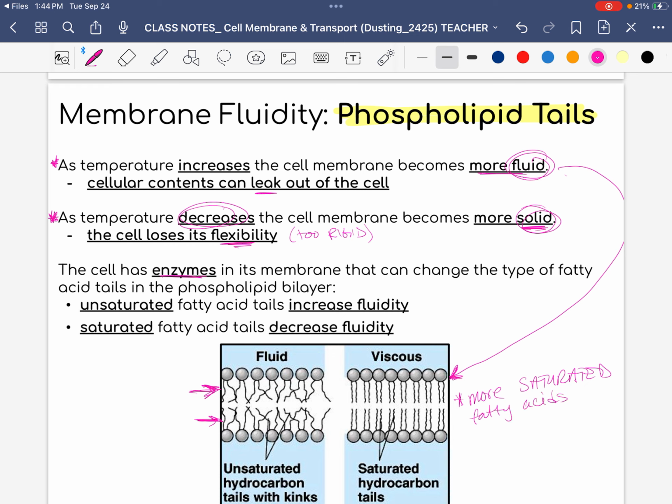And this is going to allow them to pack more tightly together. You can see that they're able to squeeze together tighter here, right? So they are more tightly packed.